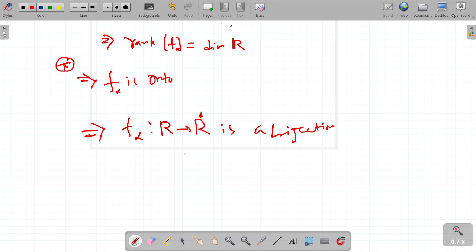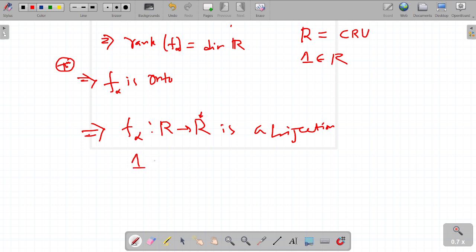Since we are assuming that R is a commutative ring with unity, 1 belongs to R. Therefore 1 has a pre-image.